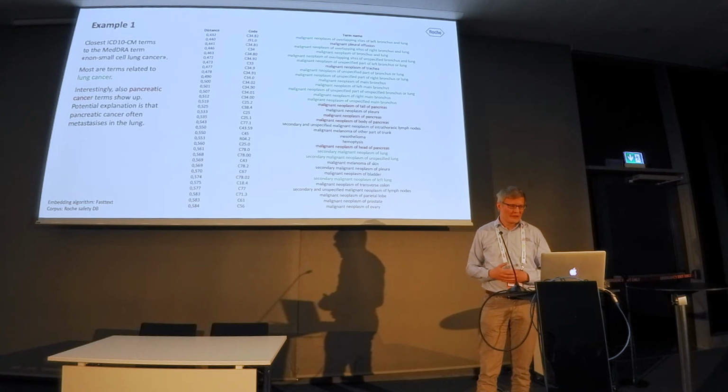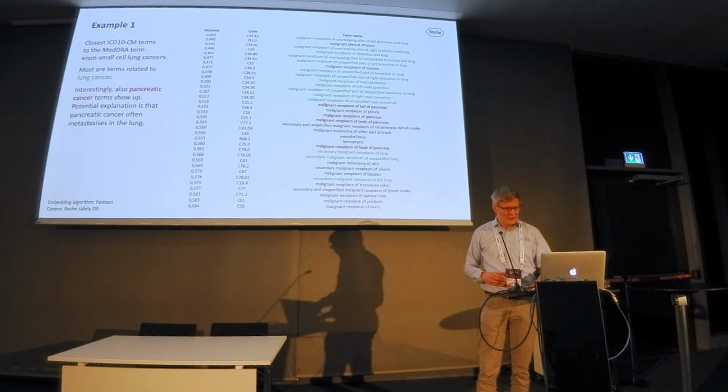It all makes sense. Interestingly, terms for pancreatic cancer also appear pretty high on the list. I was wondering, why is this? A potential explanation is that pancreatic cancer often metastasizes in the lung. So that's why those 2 terms, lung cancer and pancreatic cancer, have a similar context in medical text.